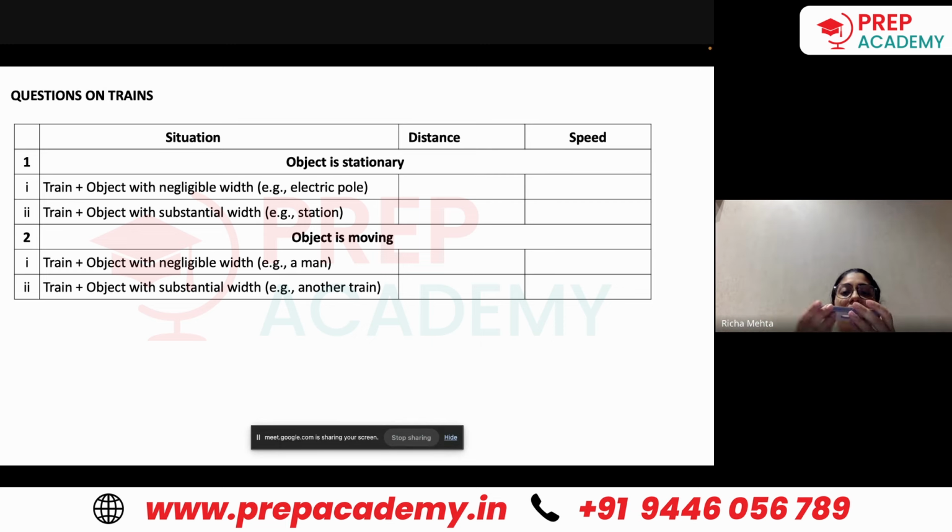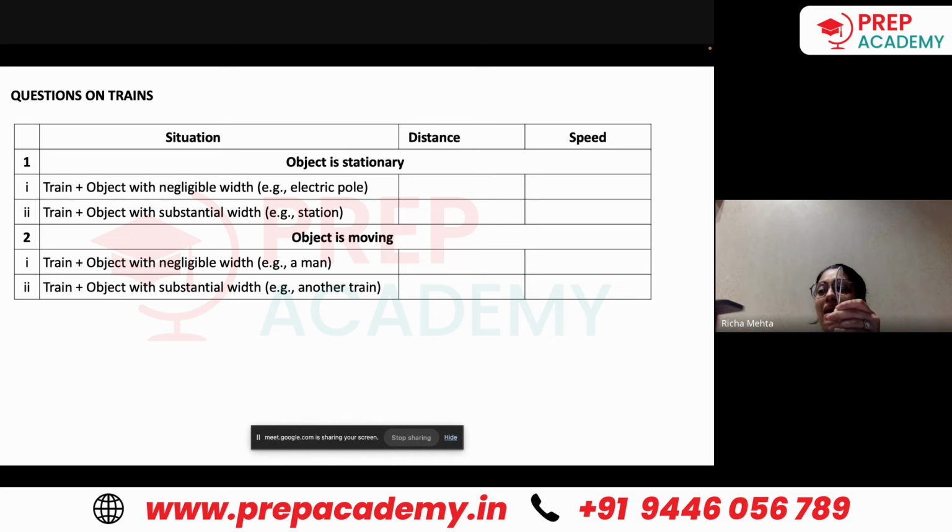Let's say this is the train, and this is an electric pole in between. If I ask a question, how much time will this train take to pass the pole completely?